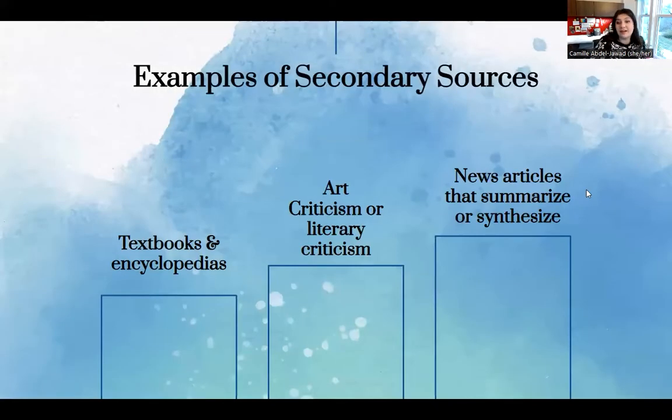Some examples of secondary sources would be a textbook, right? If you have a history textbook that's talking about World War I and World War II, obviously that textbook's editor or writer was not alive at that time, or experiencing it firsthand, but they are instead recounting the experiences of others that they've learned through primary sources, right? So it's a secondary source, similar to encyclopedias.